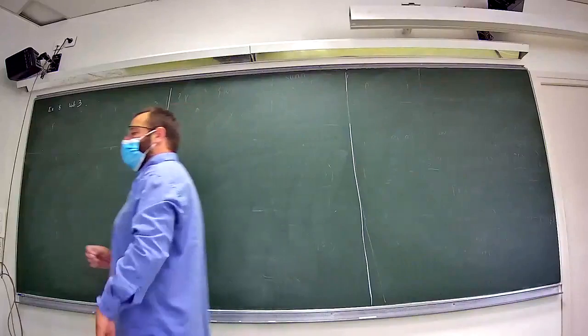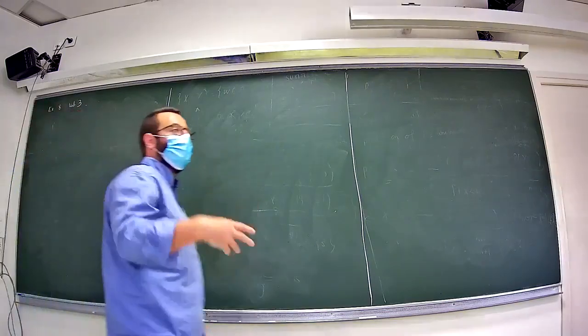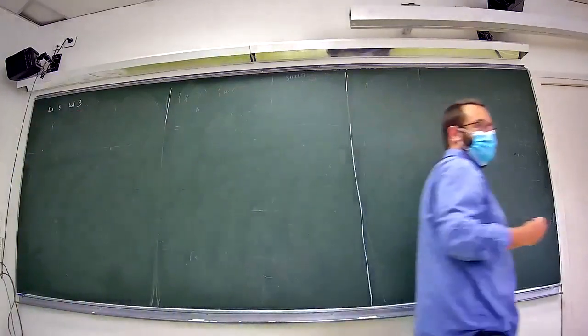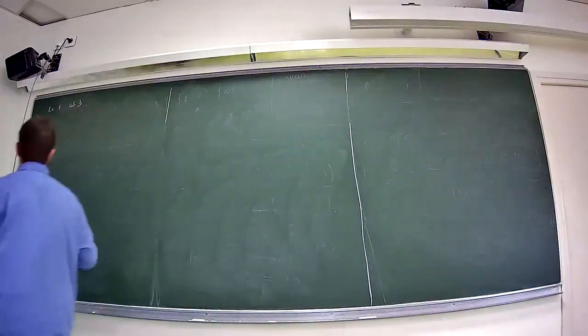If I want to write things in a compact way, I can introduce notations here. Because I do small n drawings, and each time I will obtain a number between 1 and capital N. So we can define the following.